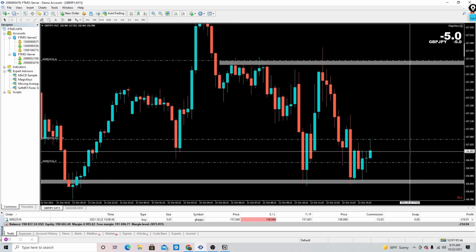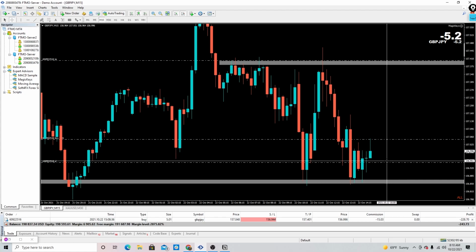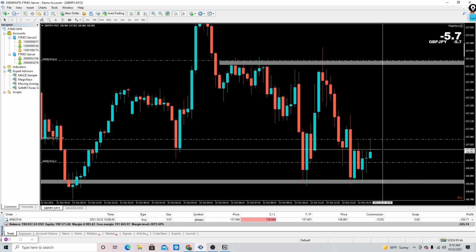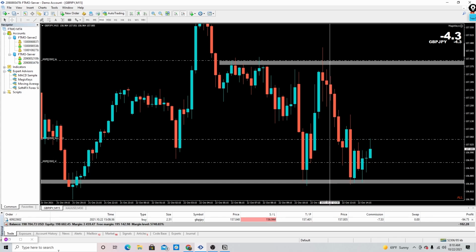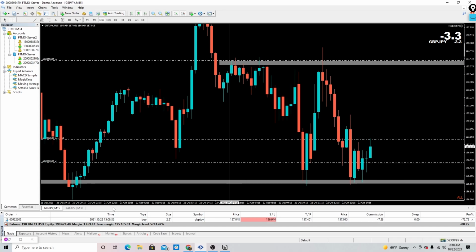Maybe it's respecting this 15-minute resistance right here. Alright, we're gonna close another half here. Just let this half run, I guess.